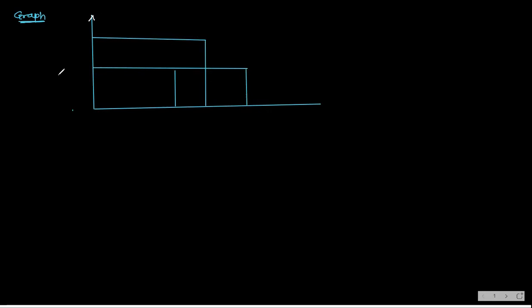This graph is amplitude versus omega. So here it is omega c, and this is the lower sideband frequency, so here you will get omega c minus omega m, and this is the upper sideband frequency, so omega c plus omega m. Okay.